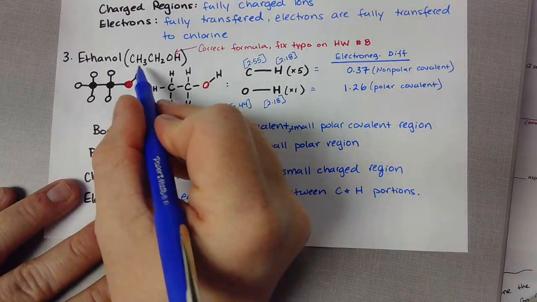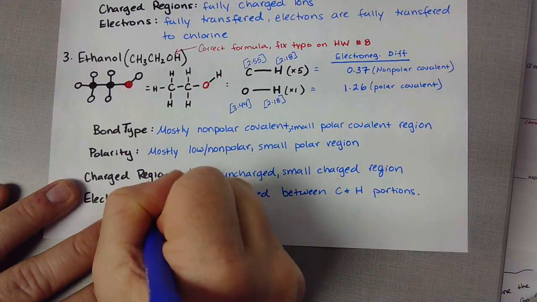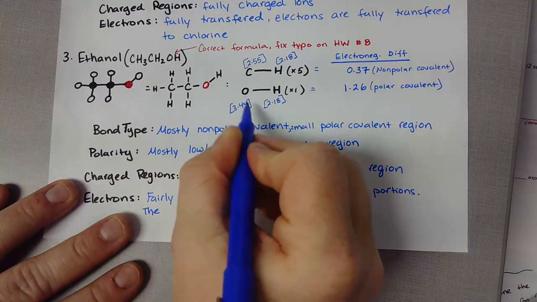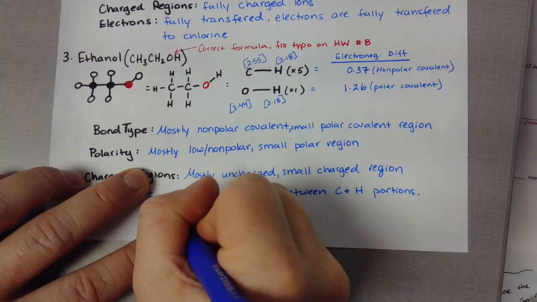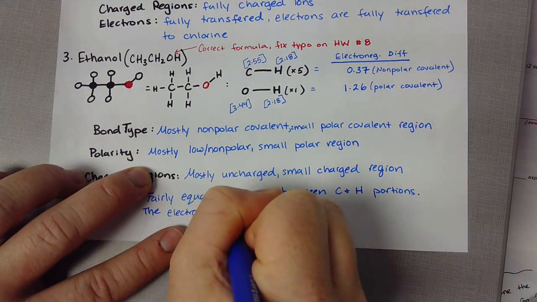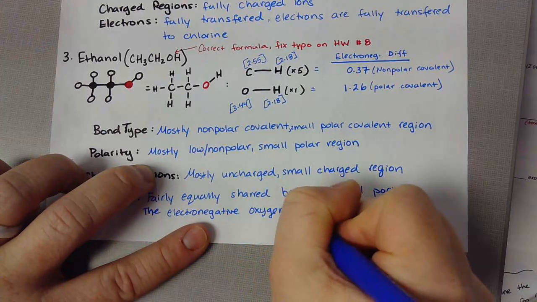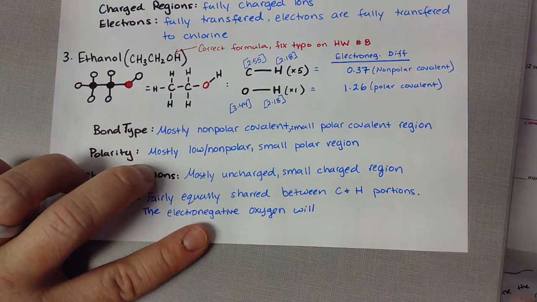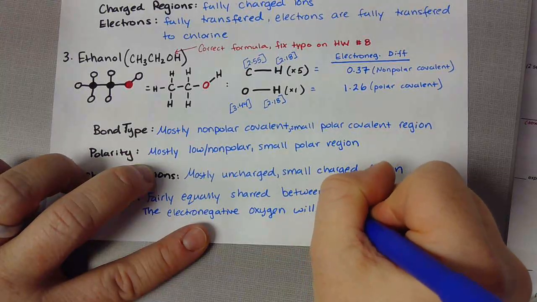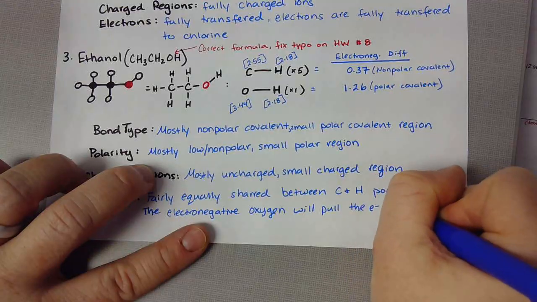However, this polar tail is significant. So the electronegative oxygen, which is the largest value here, will pull the electrons toward it.